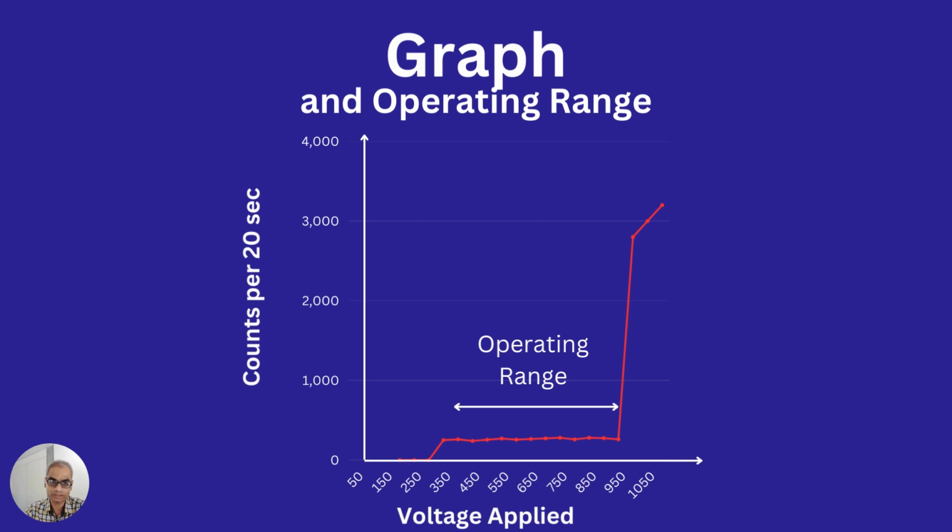You should always ideally operate this GM counter in the operating range, and the ideal voltage will be in the middle of this plateau region.